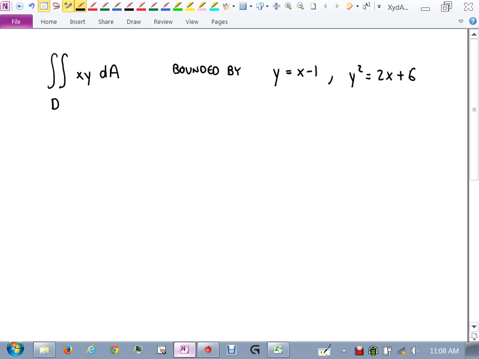Now remember, the region that we're talking about is just the ground. That's our domain that's going to be plugged into a surface, and we're trying to find the volume below that surface down to our region. All right, so keep that in mind.